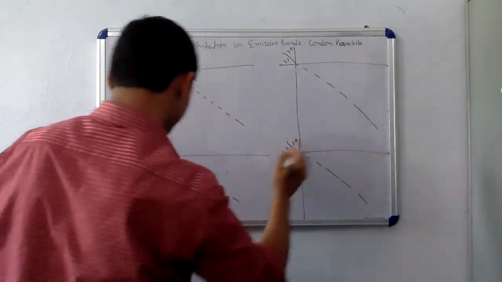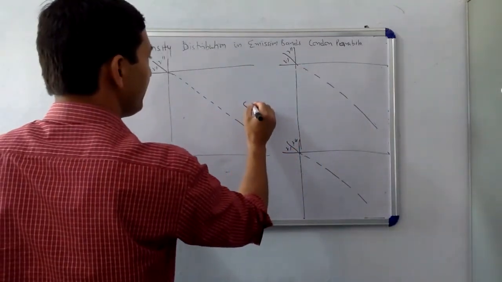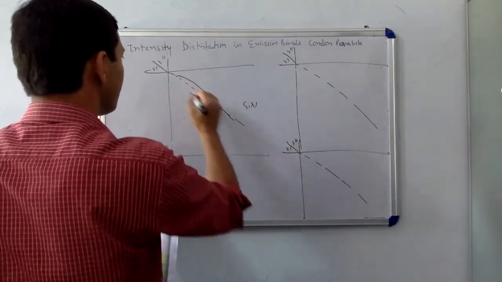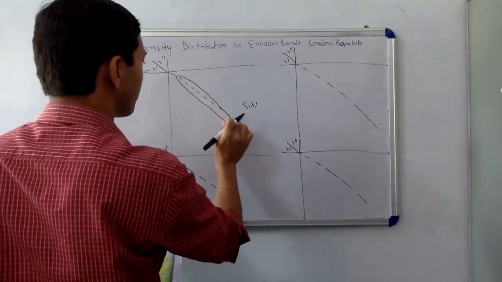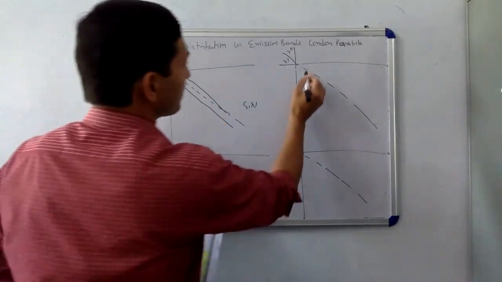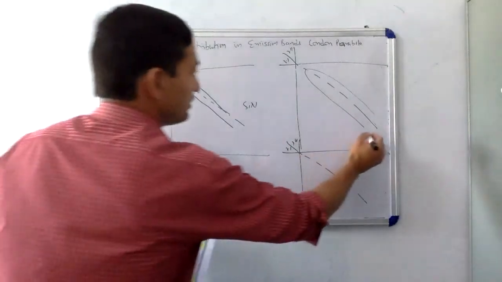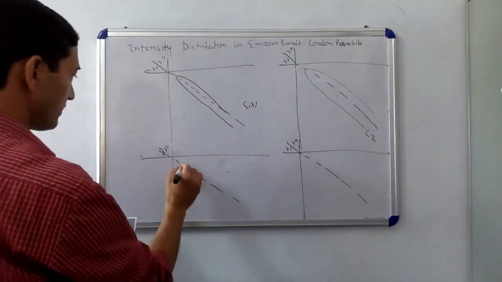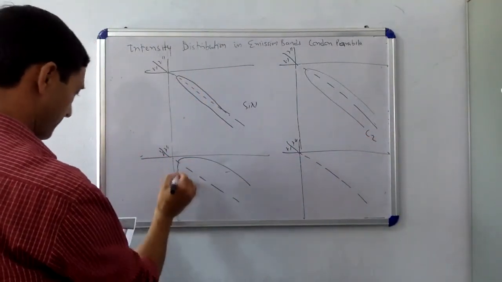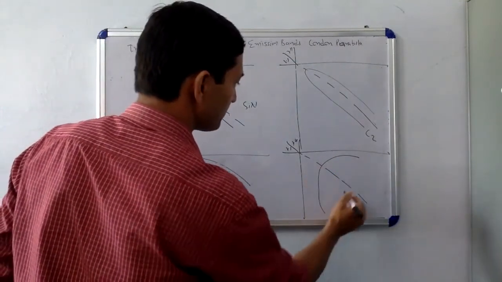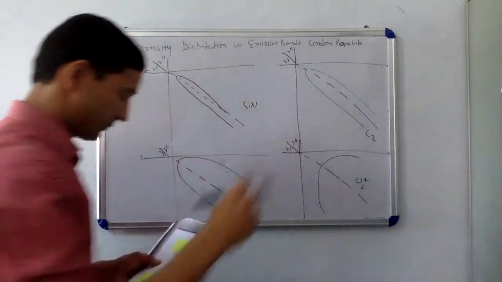Now for the molecule O2 positive, we will get very small limbs like that. This is C2, and this is for CO, and this is O2 positive.